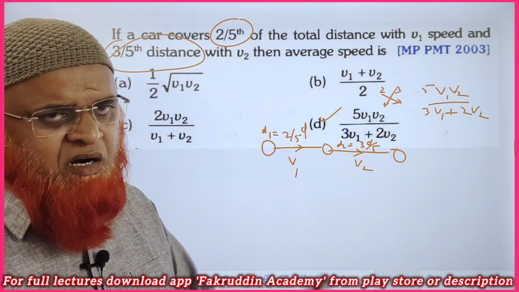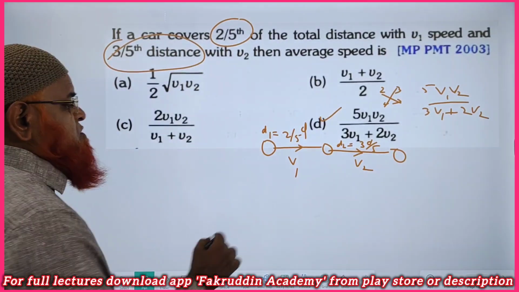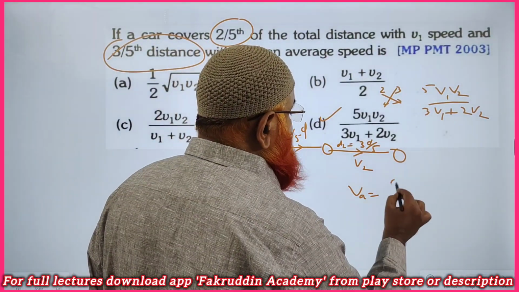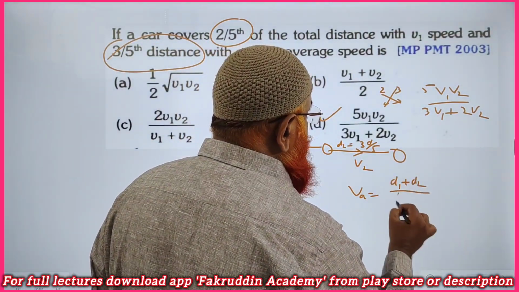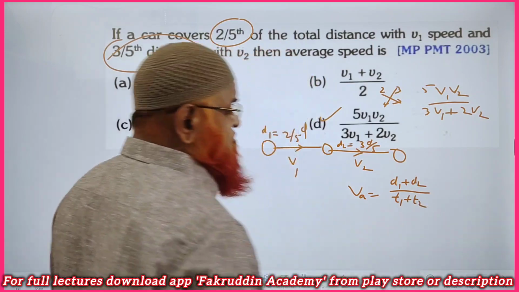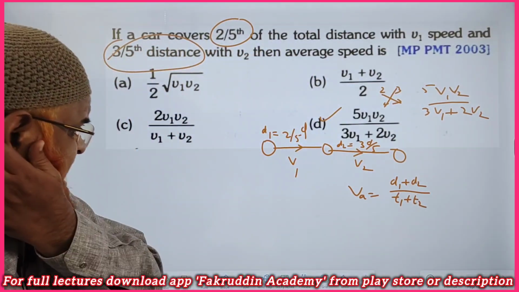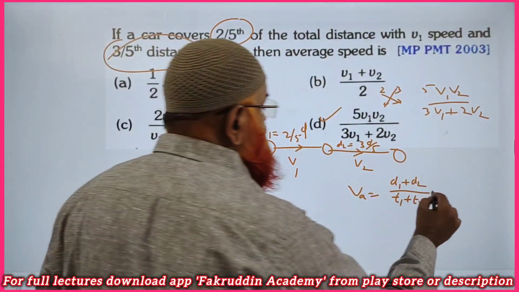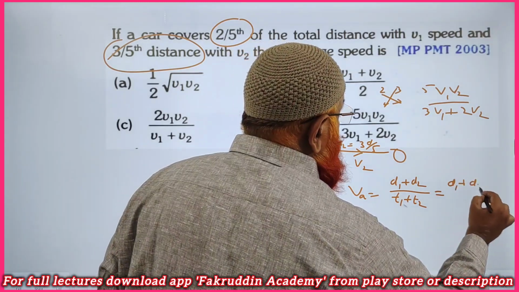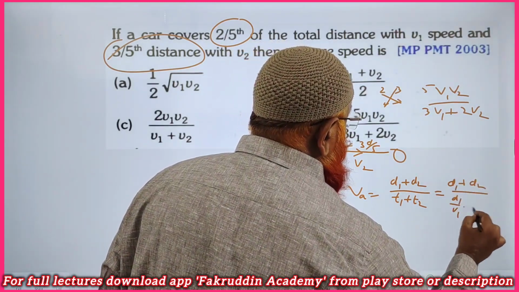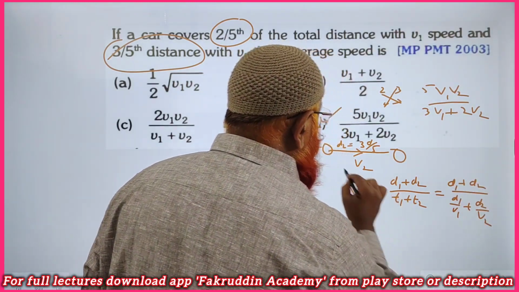But what is the general method regarding the concept that you are going to use here? You know v average is nothing but D1 plus D2 by T1 plus T2, which is the general formula, but there is no discussion of time here. So you have to replace the times: D1 plus D2 by D1 by V1 plus D2 by V2.